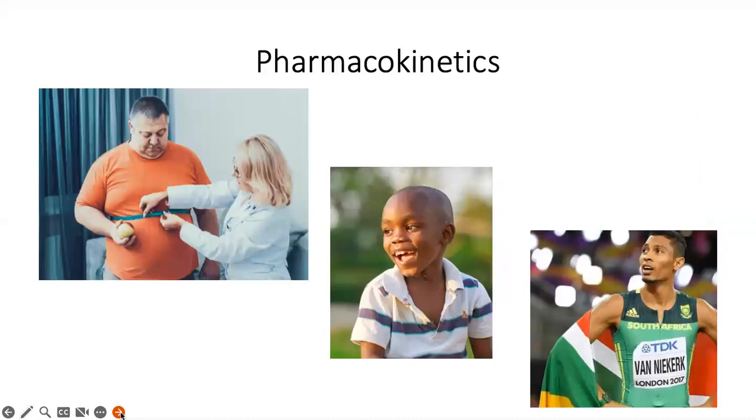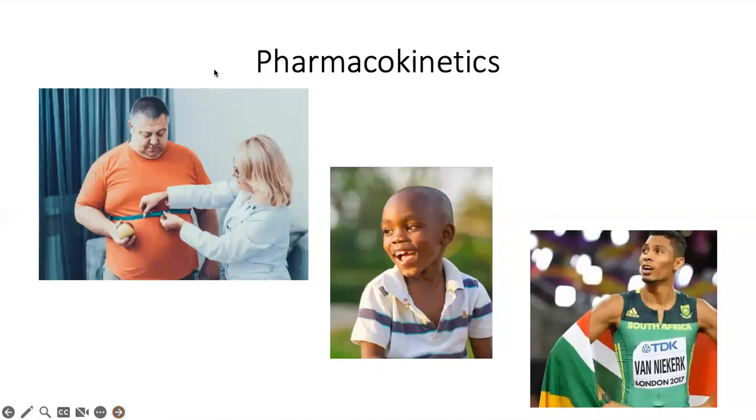So the pharmacokinetics between different patient groups is different, and you need to appreciate that from a clinical aspect. I'll give you, for example, succinylcholine. In an obese patient, succinylcholine is dosed according to the patient's total body weight.